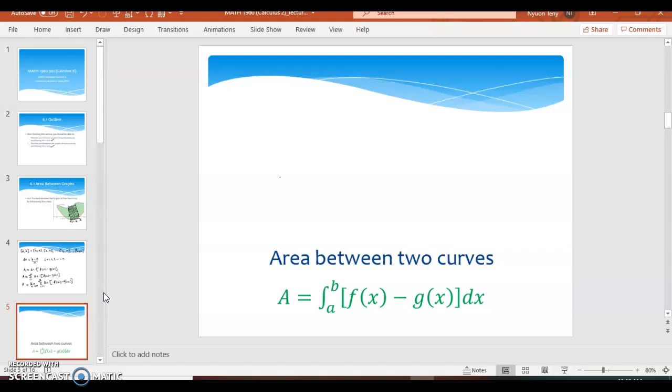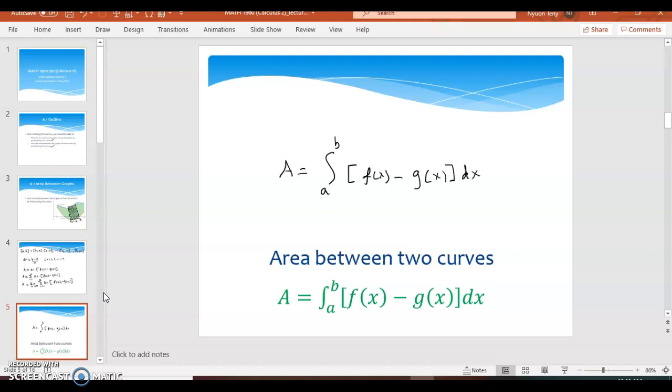So the area A is basically equal to the integral from a to b of f of x minus g of x dx.